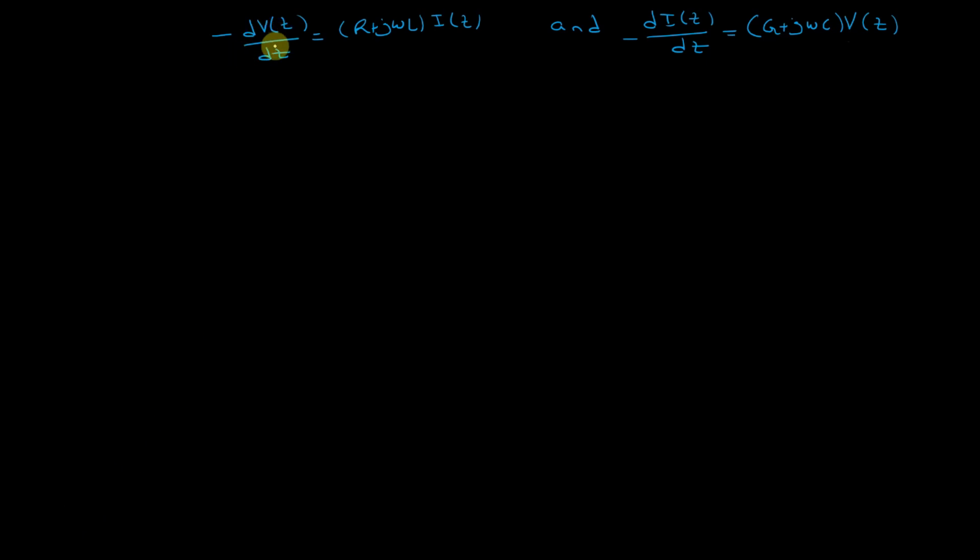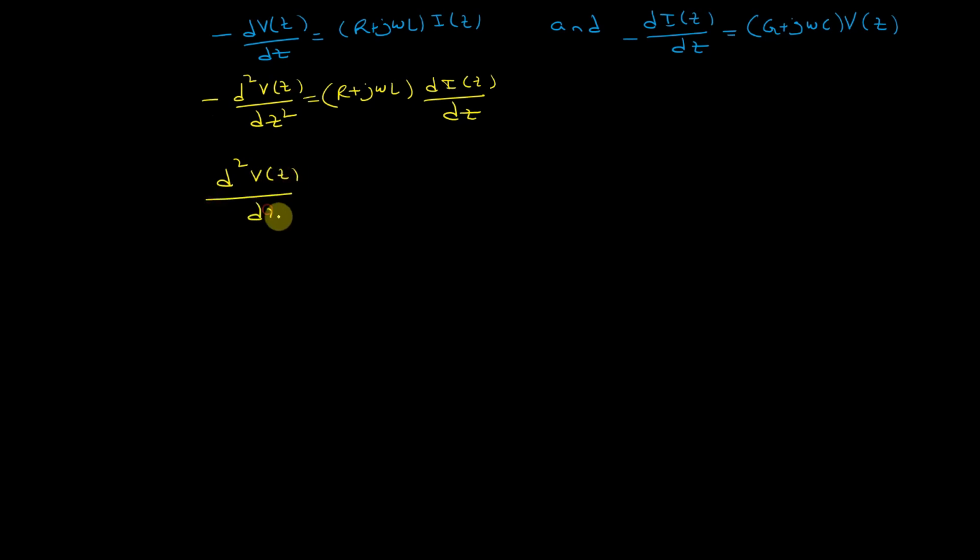Now differentiate the first equation with respect to z once again. You will get d square V(z) upon dz square equal to R plus j omega L times dI(z) upon dz. Put in the value of dI(z) upon dz from the second equation. The minus sign will cancel out, so I am not considering it here.